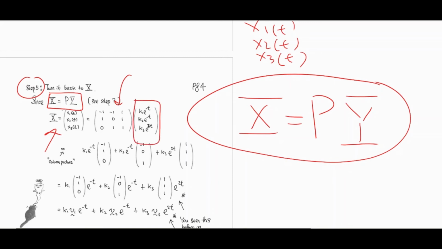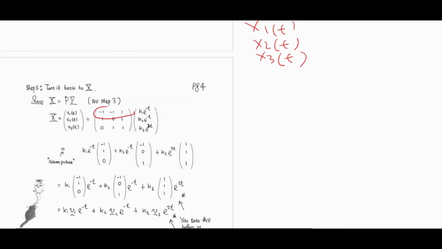Instead of multiplying out using the traditional multiplication and so on and so forth, you can use the view that a matrix multiplication like this can be viewed as a linear combination of the column vectors. So you have this multiplied by this column, plus this multiplied by this column, plus this multiplied by this column.